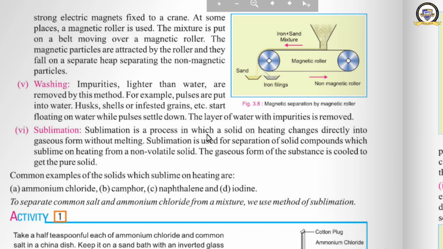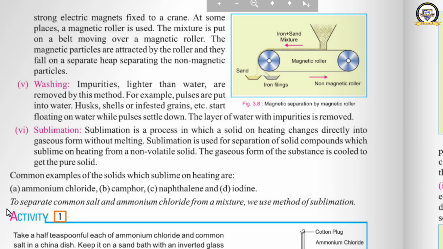Without moving to the liquid state, the solid directly moves to the gaseous form. Sublimation is used for separating solid compounds which sublime on heating from a non-volatile solid. The gaseous form of the substance is cooled to get the pure solid.